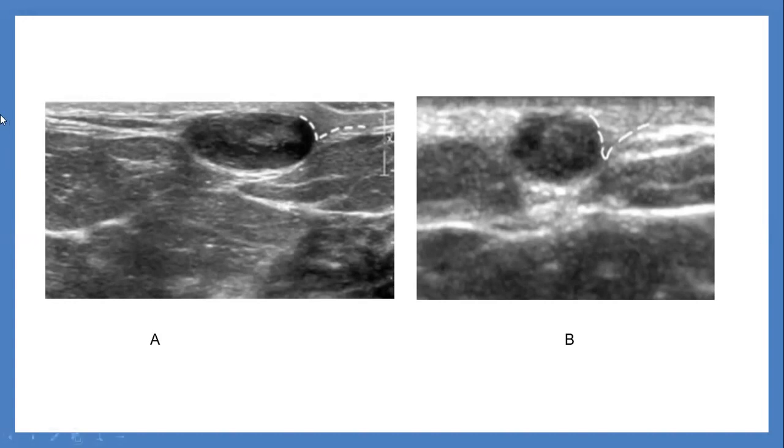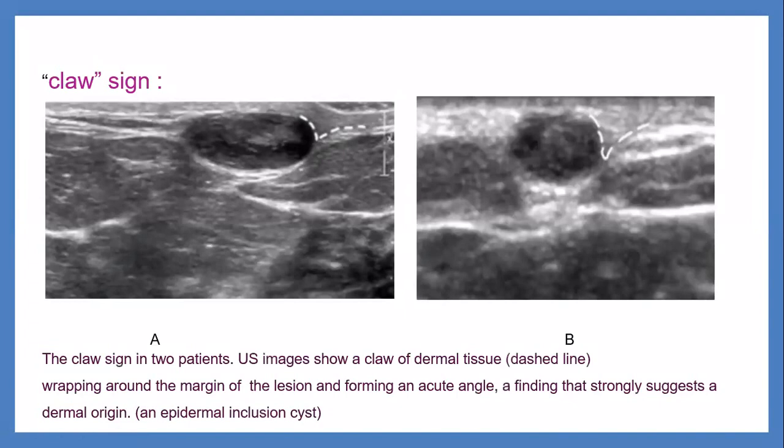What is the meaning of the claw sign? The same structure causes an acute angle and wraps around the lesion. This is the dermis coming, wrapping around the lesion and causing an acute angle with it, indicating that the lesion is arising from it.